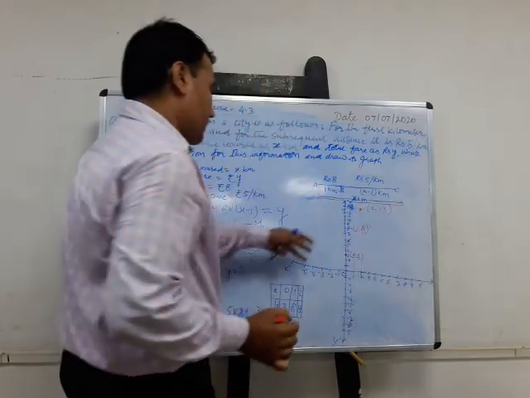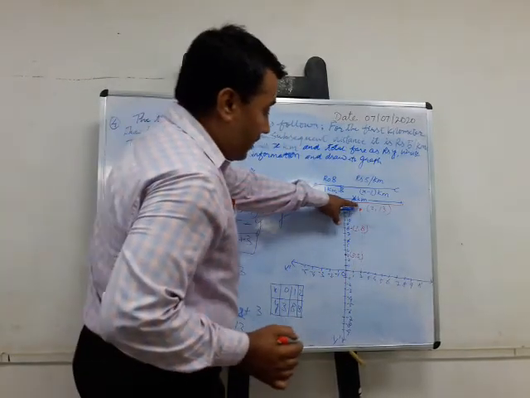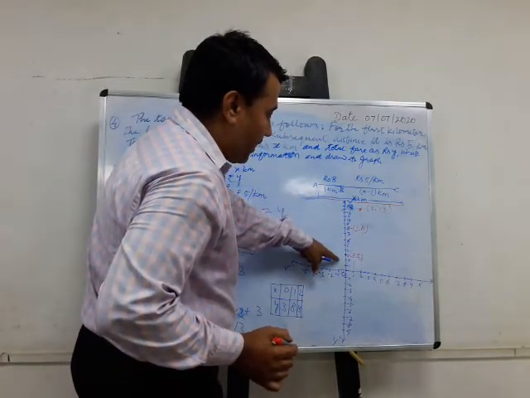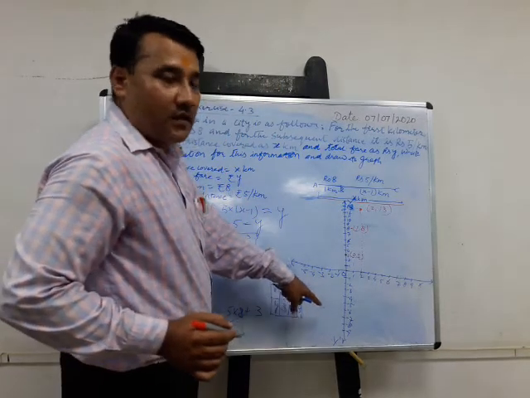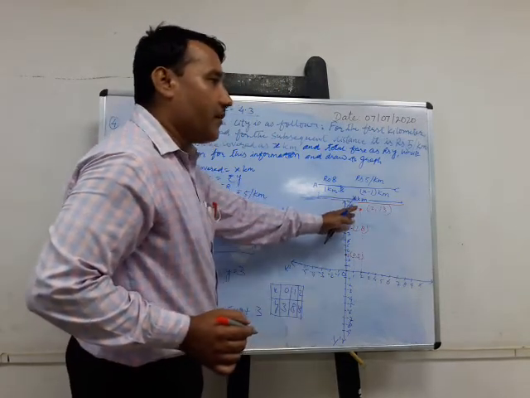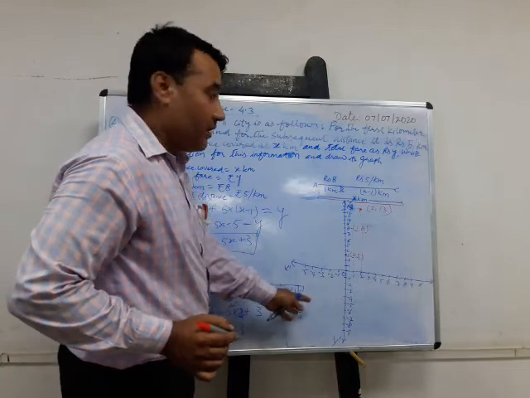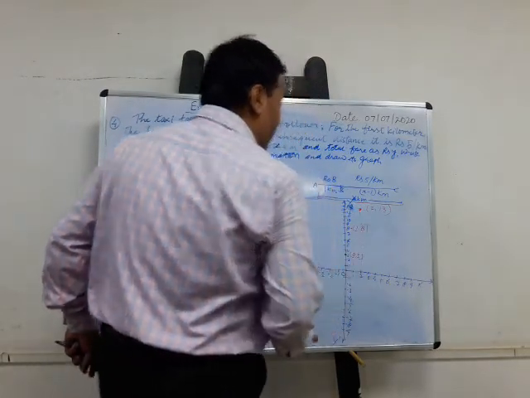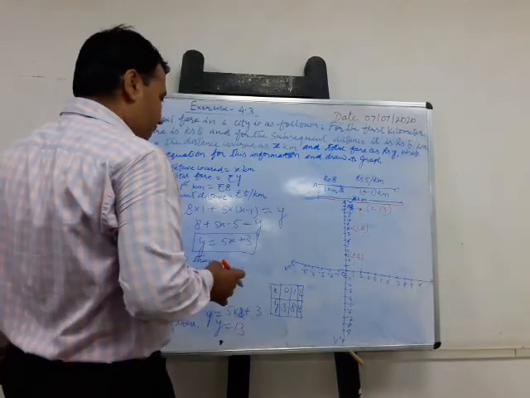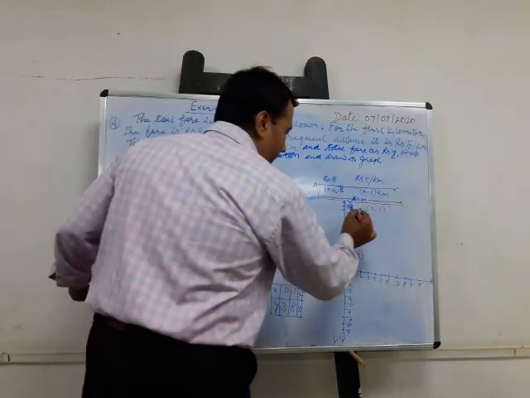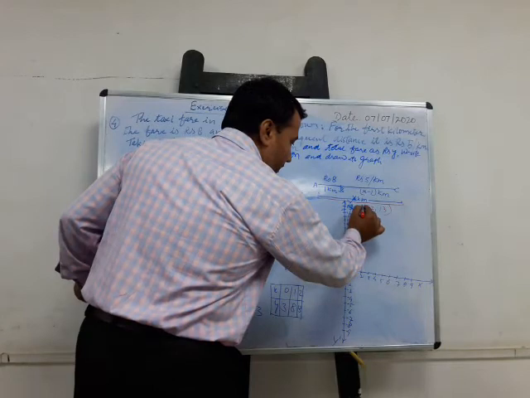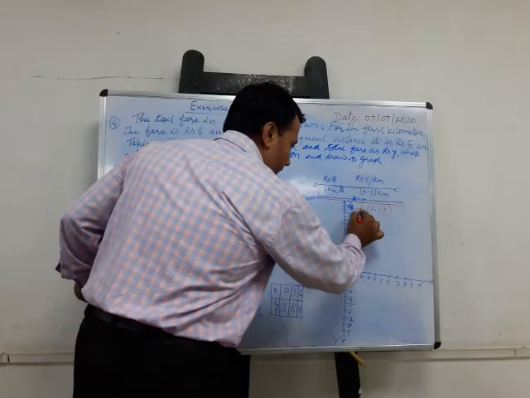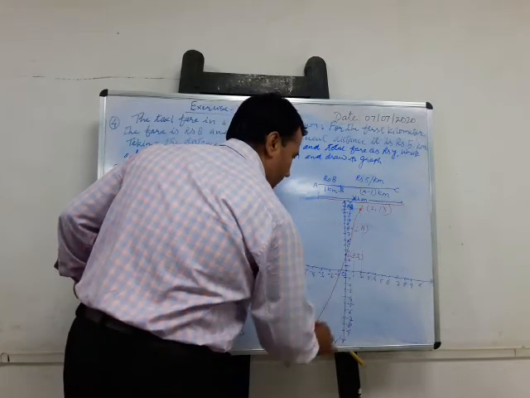Now children, you see that all these 3 points are collinear points. Collinear points means they appear on the same line. If you draw a straight line, all the 3 points will come on the same line, so they are known as collinear points. And if you join a line passing through these points, then you get a straight line in this way.